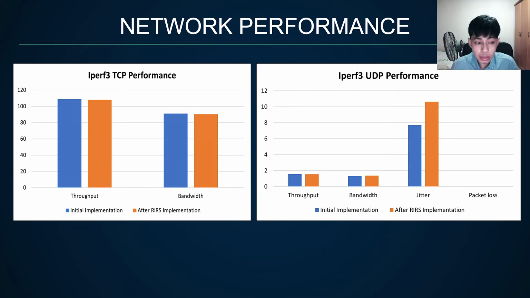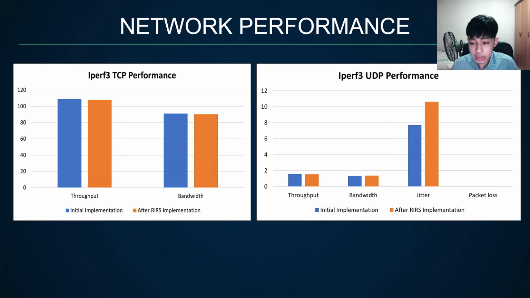In terms of network, there are two types of parameters that are taken, which are TCP and UDP. In the TCP, in the initial implementation, there is no significant difference, and after the implementation there are also no differences in terms of throughput and bandwidth. And for the UDP performance in the initial implementation, which is before the RIS is installed into the network infrastructure, it does not show any kind of difference.